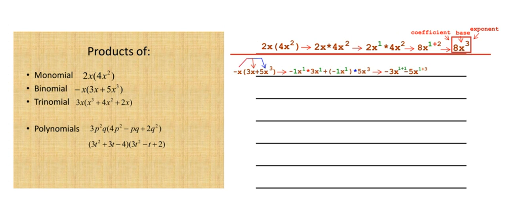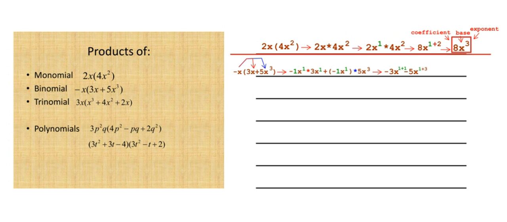So let's continue on. Notice that 3 times negative 1 gives us negative 3, and for x to the 1, we add 1 on both, right? So it's negative 3x to the 1 plus 1. Okay, for our second term then, it's 5 times 1 gives us 5, positive times a negative, still negative, so it's negative 5. And our exponents, we have an exponent of 1 and a 3.